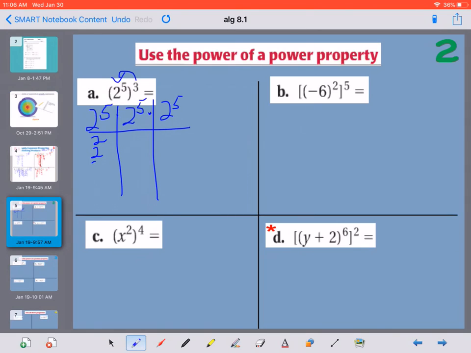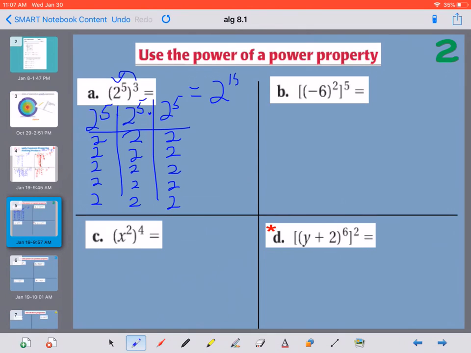So 2, 2, 2, 2, and 2, and one more, 2, 2, 2, 2, and 2. So if we just count these all up, we have 1, 2, 3, 4, 5, 6, 7, 8, 9, 10, 11, 12, 13, 14, 15 2's.